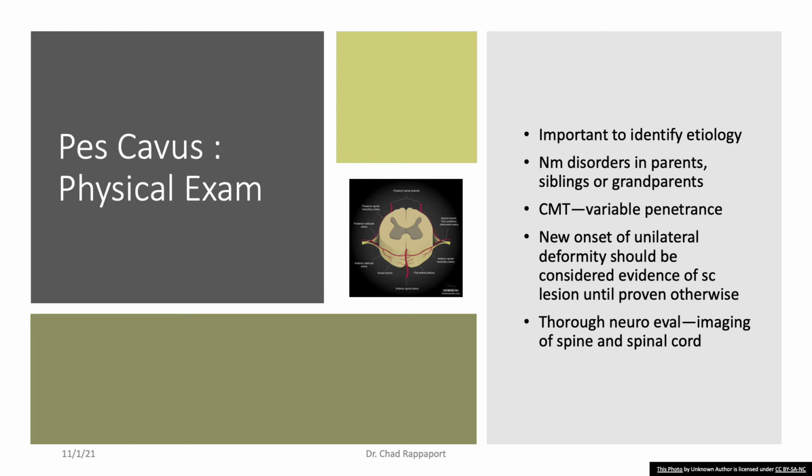It can be a bit confusing. That said, any new onset of unilateral deformity should be considered evidence of a spinal cord lesion until proven otherwise, and therefore it is recommended that a thorough neuroevaluation, including imaging of the spine and spinal cord, be undertaken.